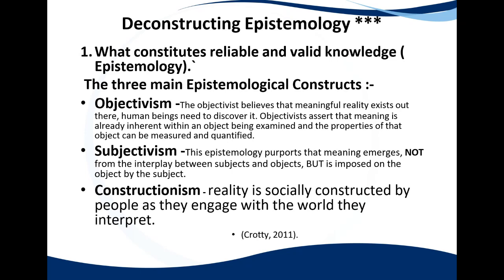So some of the paradigms, there's more paradigms, but usually these are the three main ones: objectivism, subjectivism, and constructionism. Now, each of these will have a different belief around what is reliable and valid knowledge. So in objectivism or positivism, they believe that meaningful reality exists out there, and human beings need to discover it.